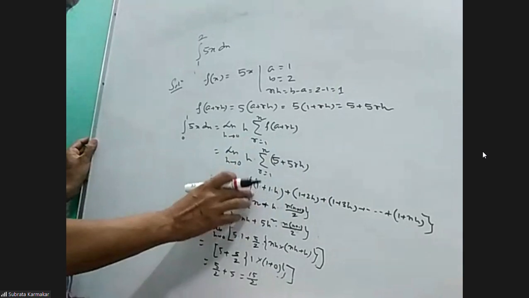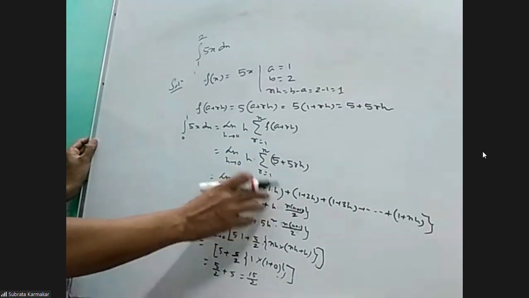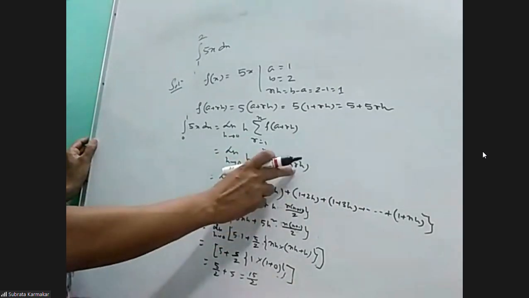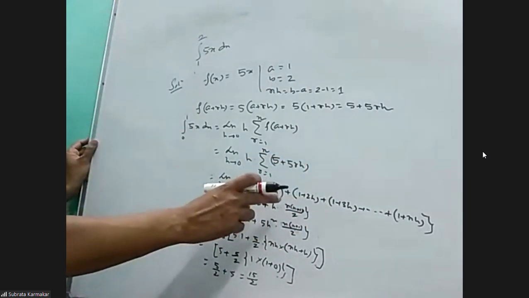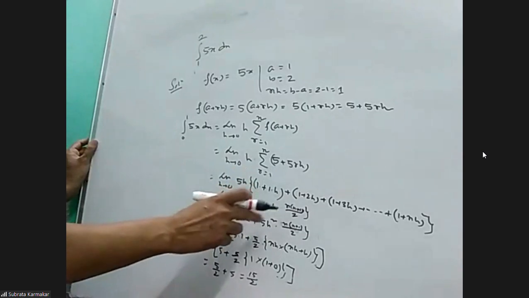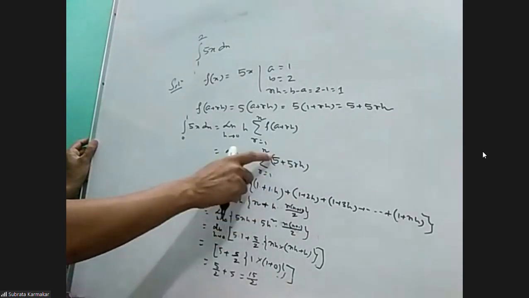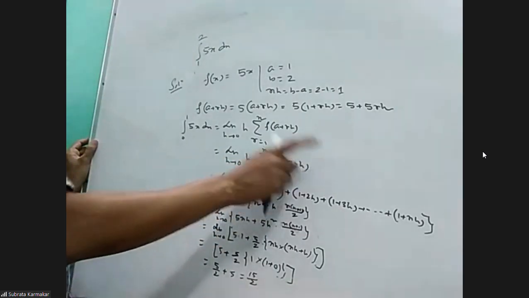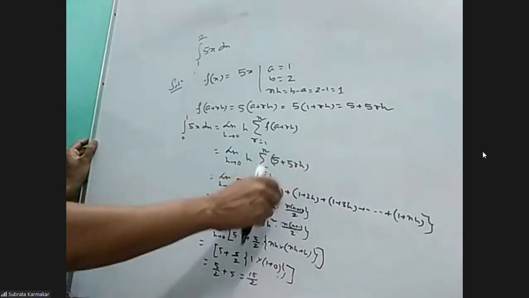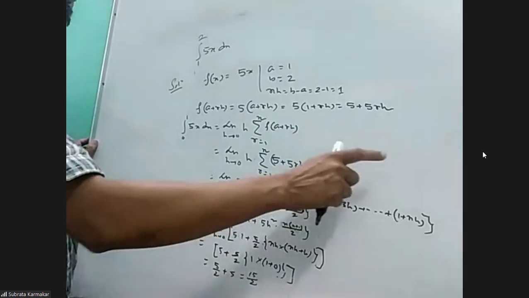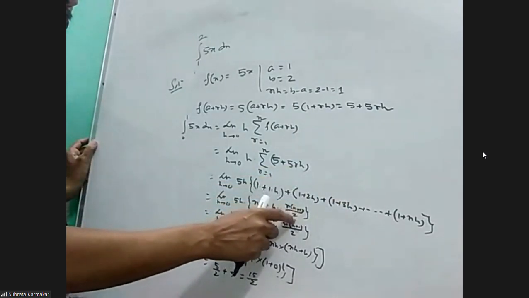So n into 1, n, plus h into here n, 1 plus 2 plus 3, since we have taken common, so we will get n into n plus 1 by 2. If you take the second part, r is 1, 2, 3 like that, so h plus 2h plus 3h, h if you take common, within the bracket 1 plus 2 up to n. So h into n plus 1 by 2.